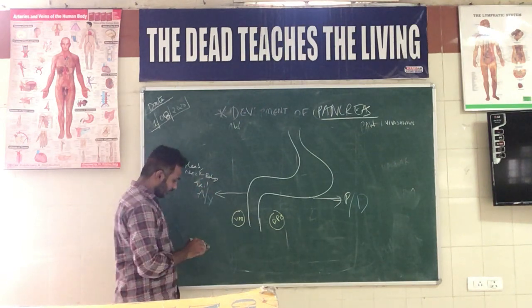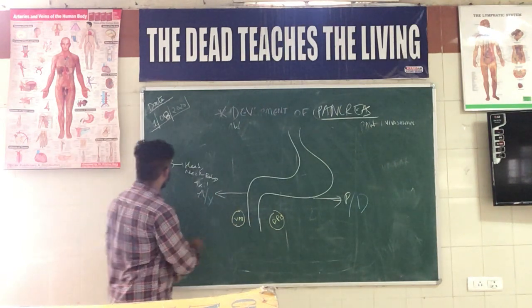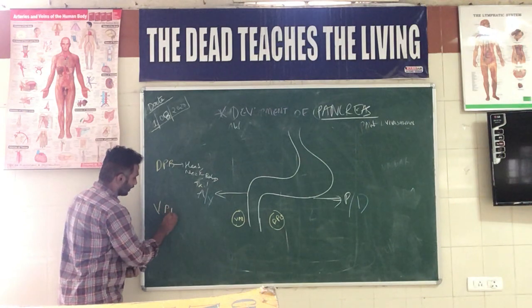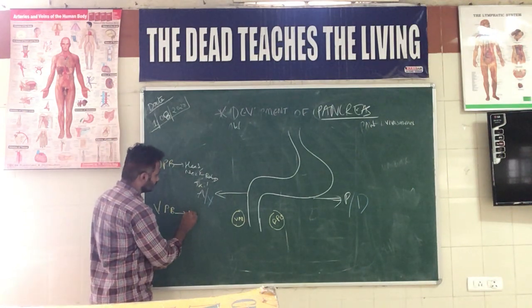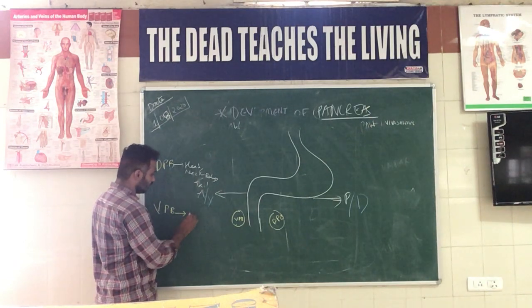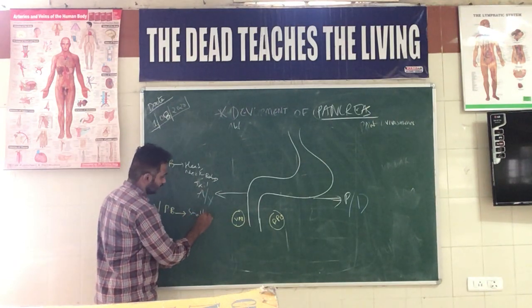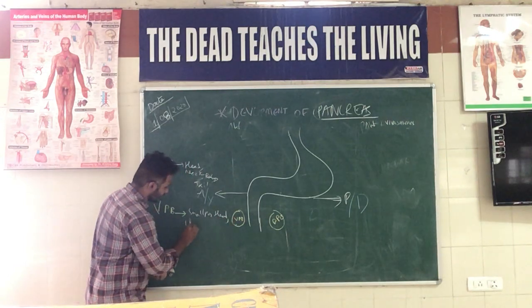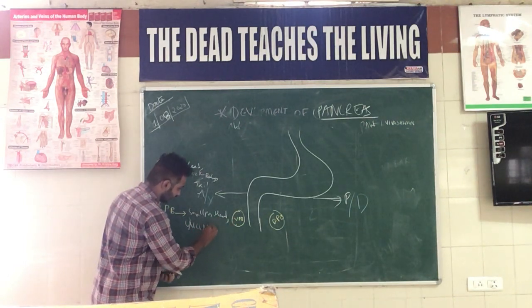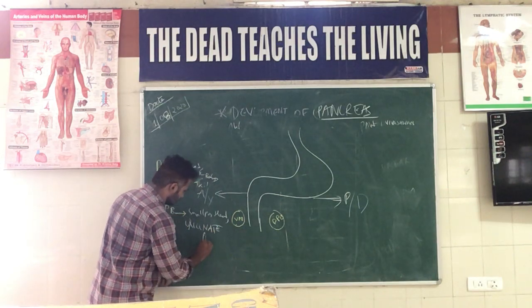Then what does the ventral pancreatic bud give rise to? The ventral pancreatic bud gives rise to a very small portion of the head, and a very important thing, something called the uncinate process.